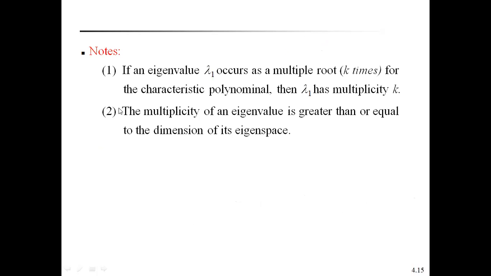Some note points you have to remember in this regard: if an eigenvalue lambda 1 occurs as a multiple root k times, as in the previous example where lambda value 2 is coming 3 times, 2, 2, 2, that is, lambda 1 occurs as a multiple root k times of the characteristic polynomial, then lambda 1 has a multiplicity of k.